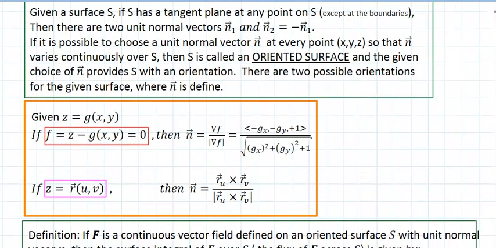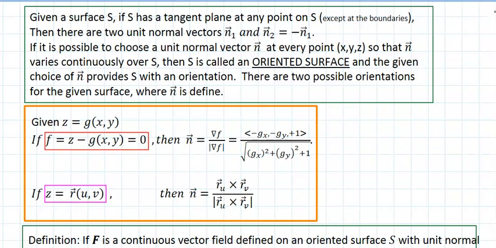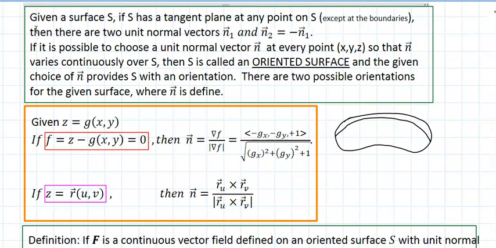now we're talking about something slightly different. Given a surface S, if S has a tangent, so let me just demonstrate really quick. So let's say it looks something like this. There we go. So if S has a tangent plane at any point of S except at the boundaries, then there are two unit normal vectors.